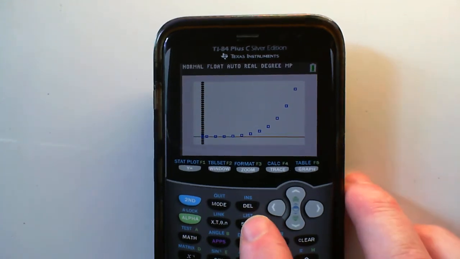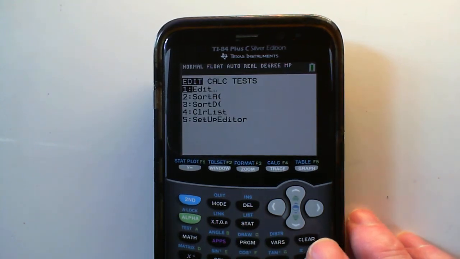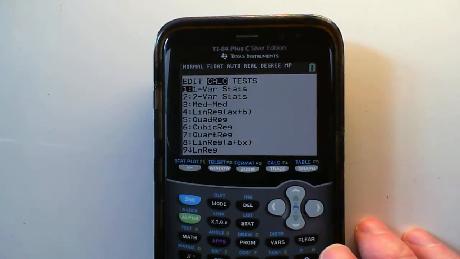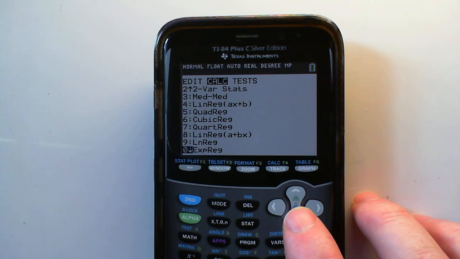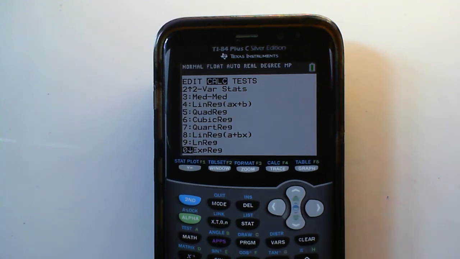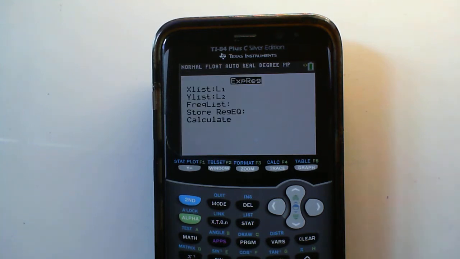So now I'm going to hit stat again. This time I'm going to go over and calc. And this is just like we did regression with our cubics and our quartics and our lines. But now if we arrow down to 0, we see EXPREG. That's exponential regression. So I'm going to hit enter there.